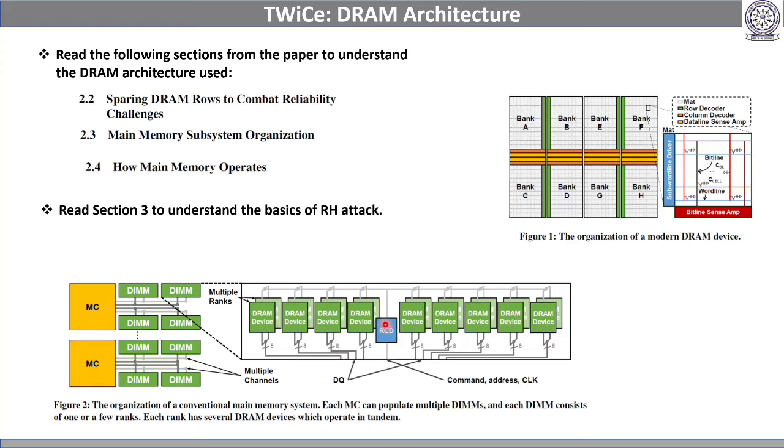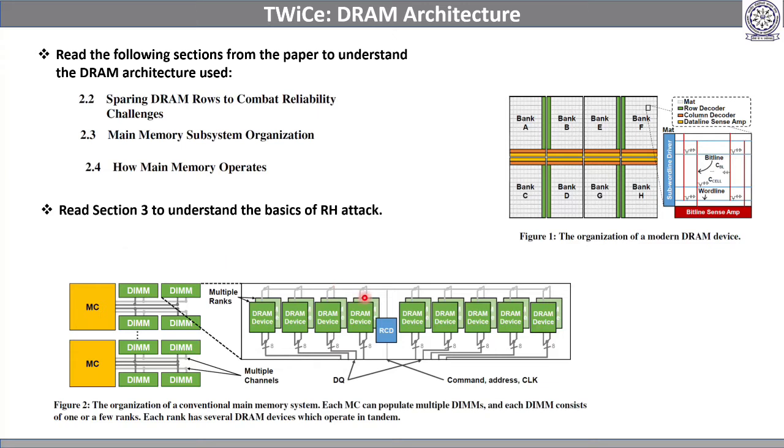So why is this RCD important for this paper? Because the RH detection technique they proposed in this paper, they implemented in the RCD, not in the memory controller. If you remember in my previous slide, I said the memory controller maintains counters, and based on these counters we detect row hammer. But in this paper, they are not maintaining these counters in the memory controller.